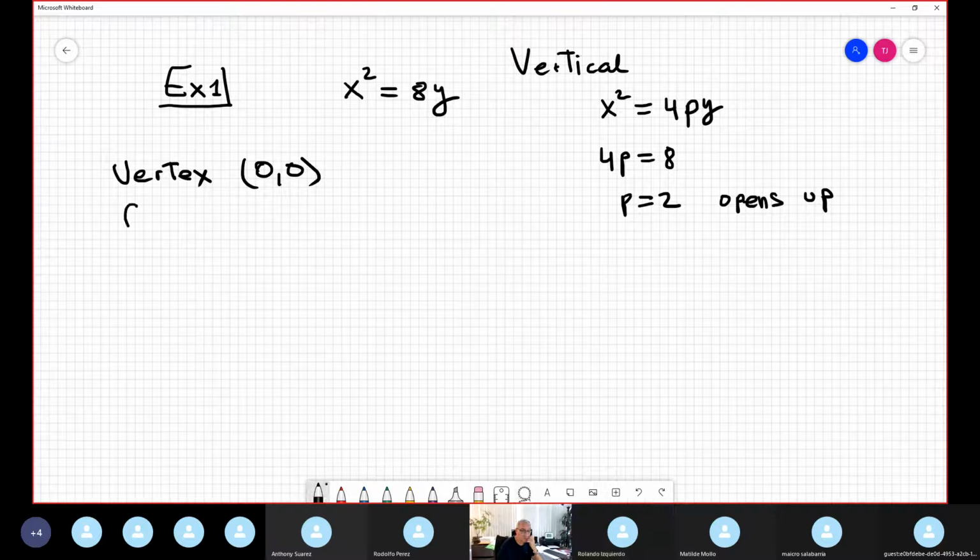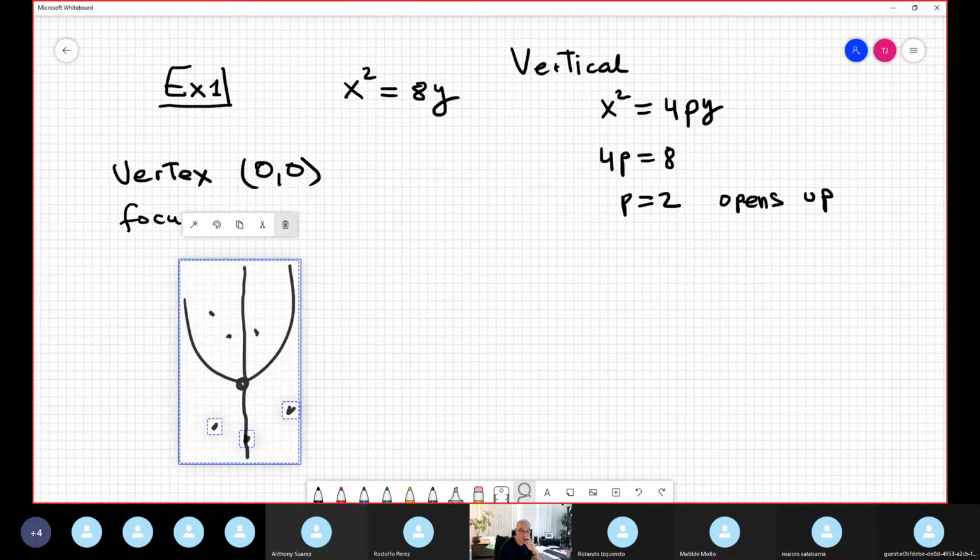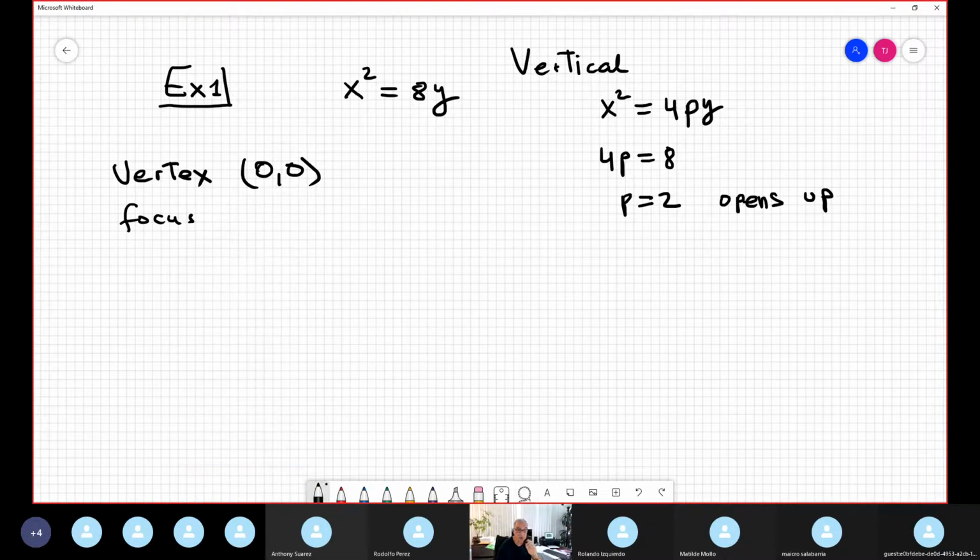Super. Now the focus. The focus is important, guys. This is my parabola, and this is my vertex. The focus is never outside, it's inside, on the same axis of symmetry, and the distance is p, which is 2. Let me do a rough sketch by hand, and afterwards we check it with Desmos.